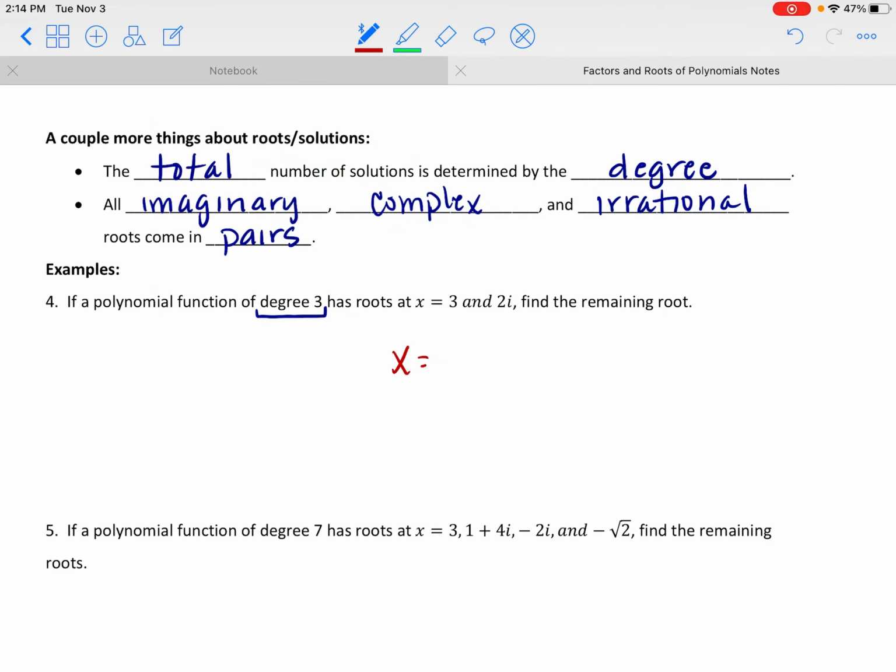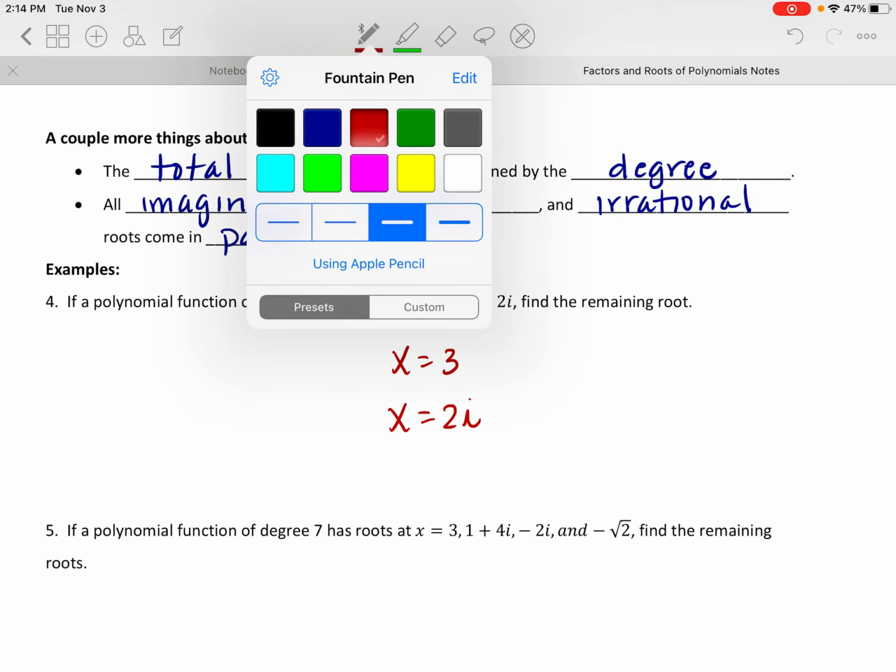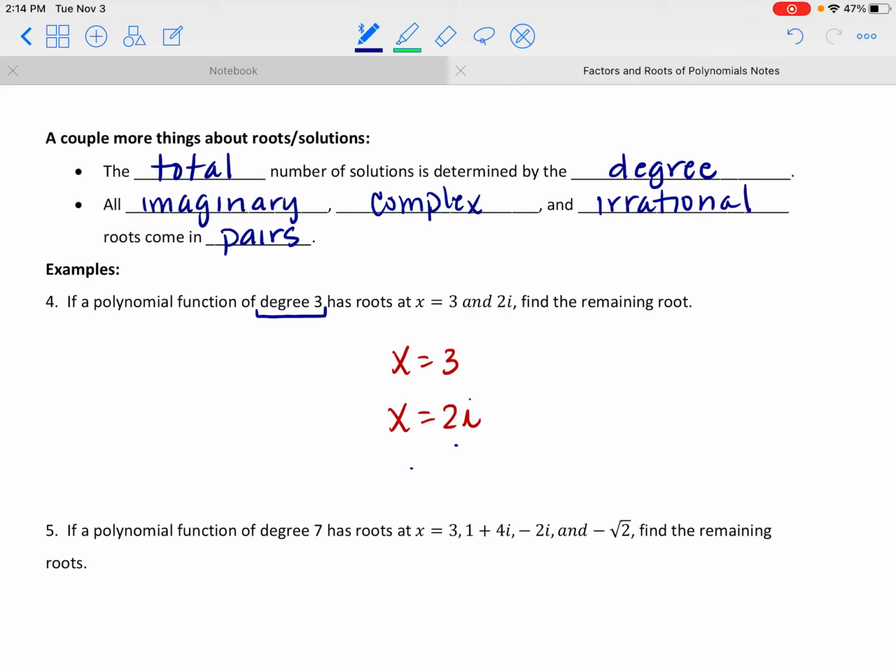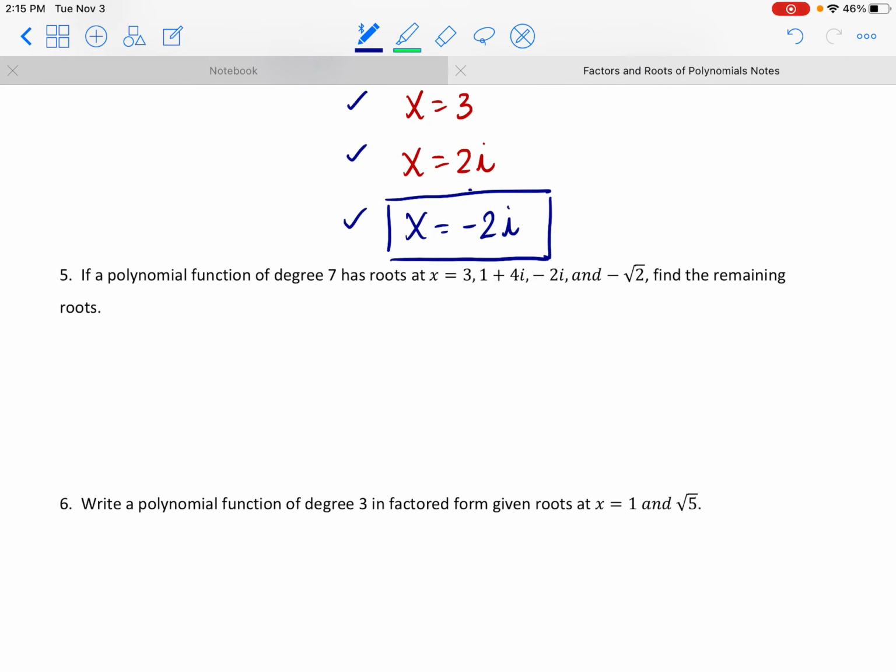So they gave us x equals 3, and they gave us x equals 2i. What is the remaining root? Remember, these imaginaries have to come in pairs. If 2i was a solution, then negative 2i had to be a solution as well. So that is our remaining root. And that would give us 1, 2, 3 total that we were supposed to have.